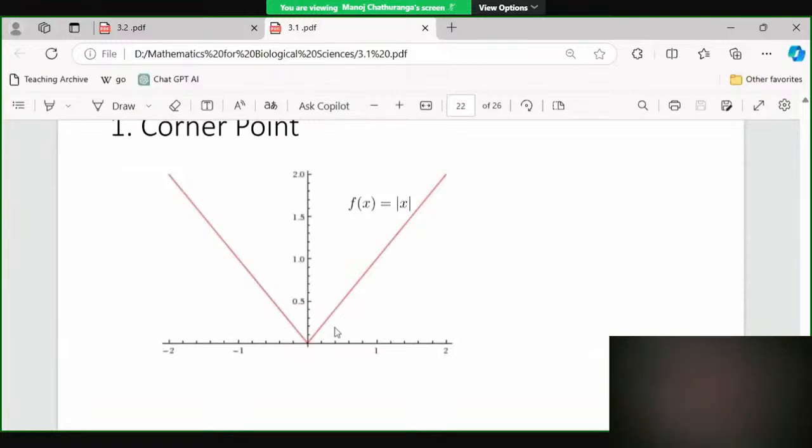If you pick a point for some positive x value, let's say 1.5, the corresponding region of the graph is a line. Because it is a line, the tangent line would coincide with this line. So for that region, tangent lines exist. That's okay.